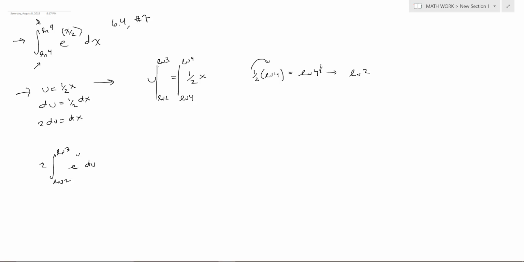Now let's go ahead and solve for that. So we know that the integral of e to the x is simply what? e to the x plus c, right? But because we have a definite integral, we don't have that plus c, we actually have this interval that we're going to be working with.